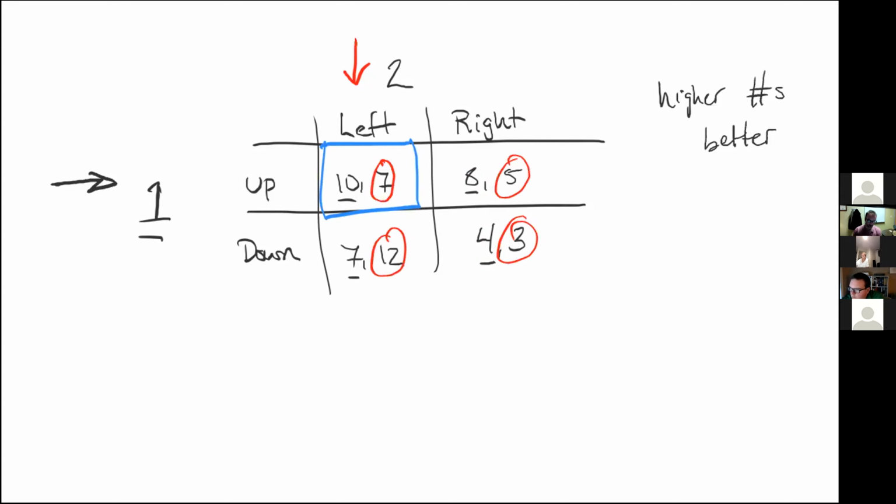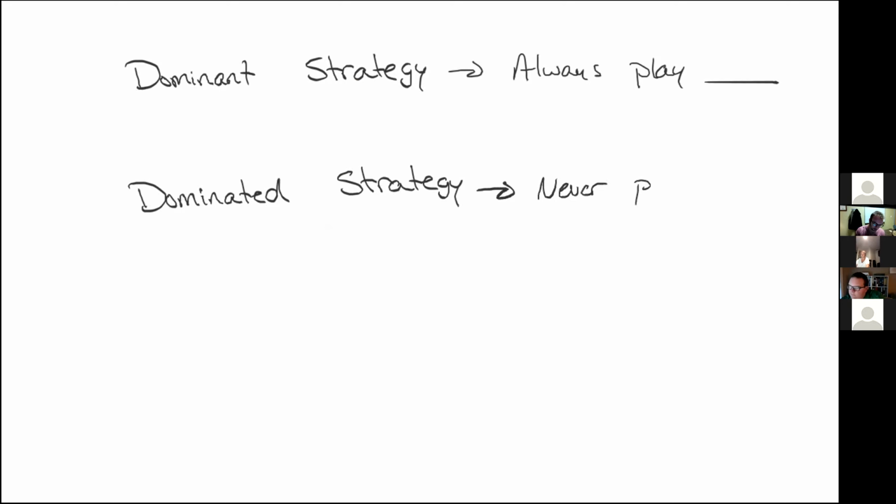Now, the other thing to consider is, so far, these games have been relatively simple. We've had a dominant strategy for both players. We've also had what we could call a dominated strategy. If a dominant strategy is one you always play, a dominated strategy is one you never play.